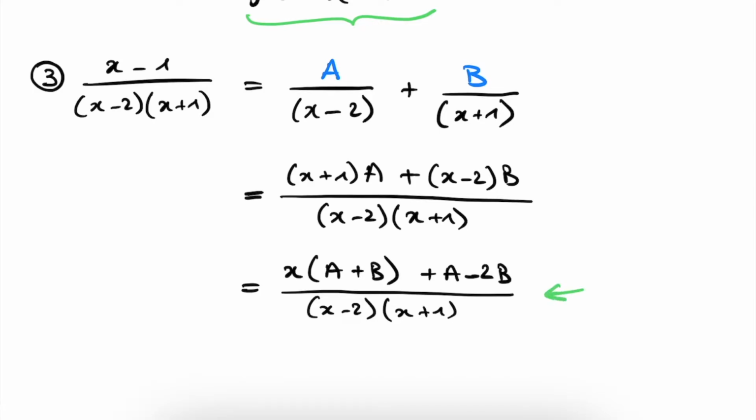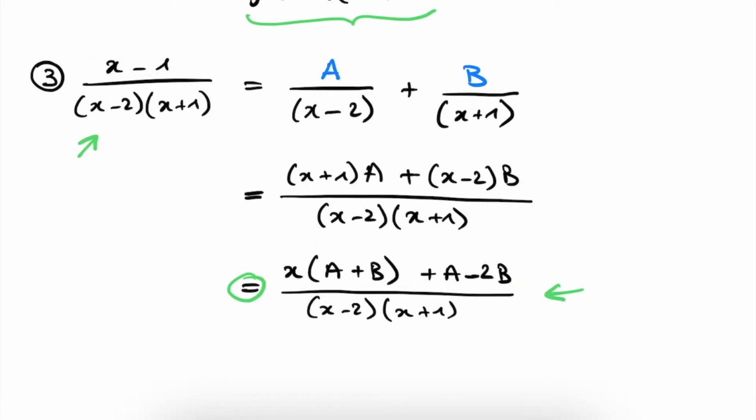What we do now is compare the fraction that we've obtained here with the fraction that we originally started with. And we see that both denominators are equal to each other. However, the numerators are quite different. But if the denominators of two fractions are equal to each other, and the fractions as a whole are equal to each other, then that means that the numerators will have to be equal to each other.